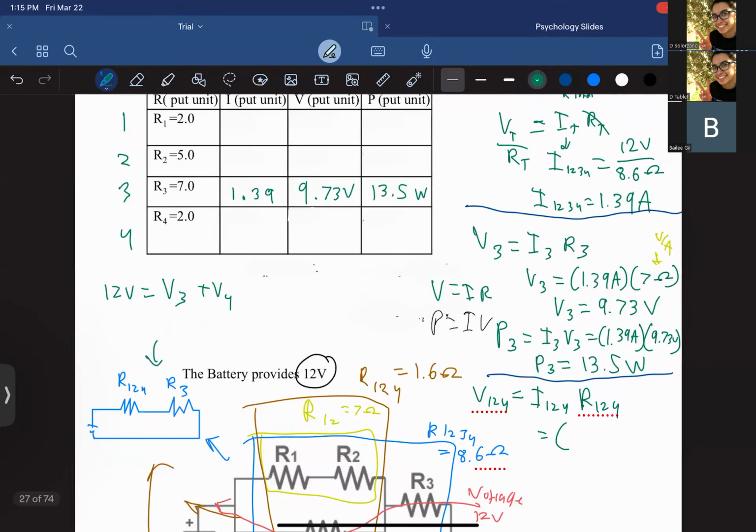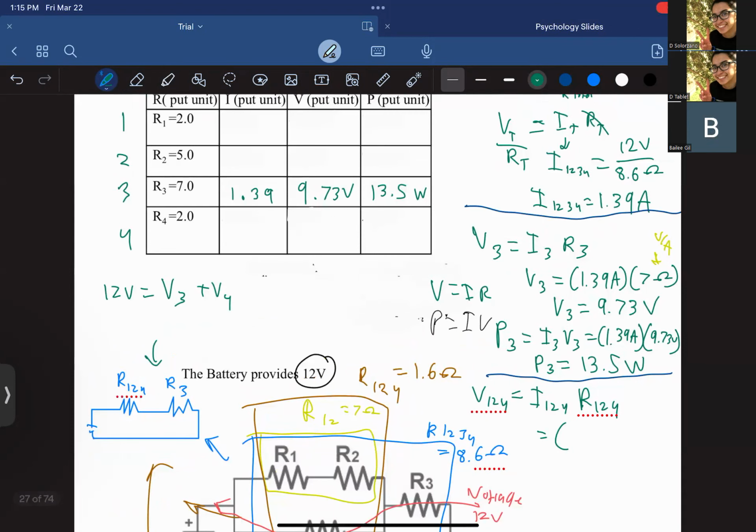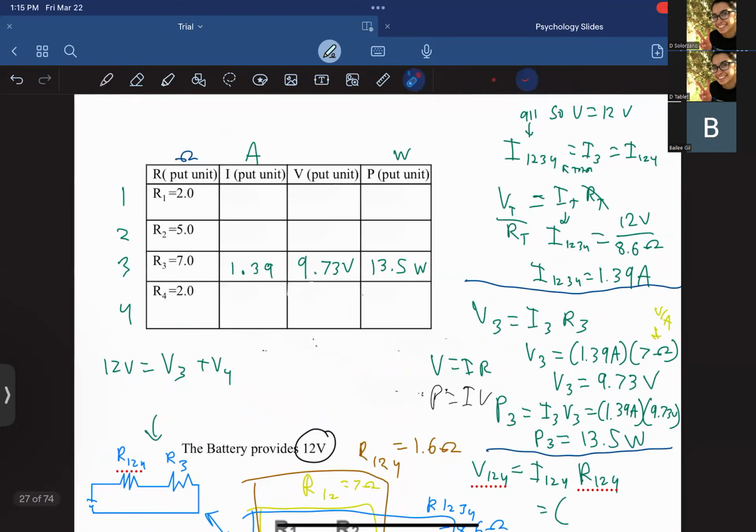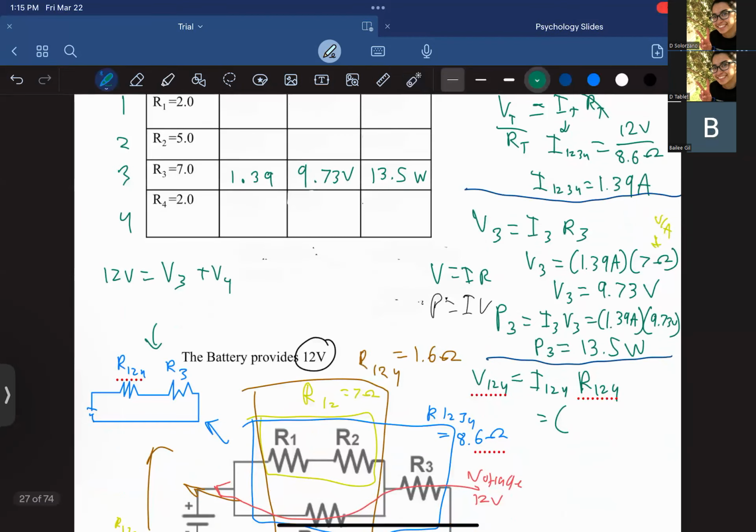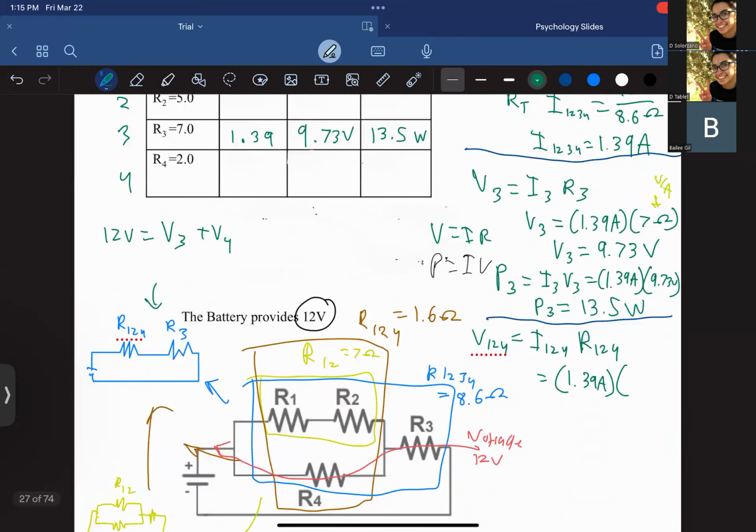Our I is up here. It's the same one that we solved for at the beginning, because they are all related to each other. So that's going to be 1.39 ampere. And then the resistor value was 1.6 ohms.